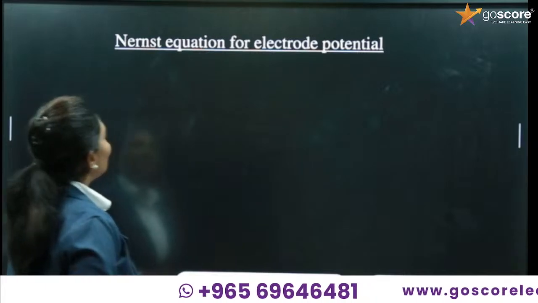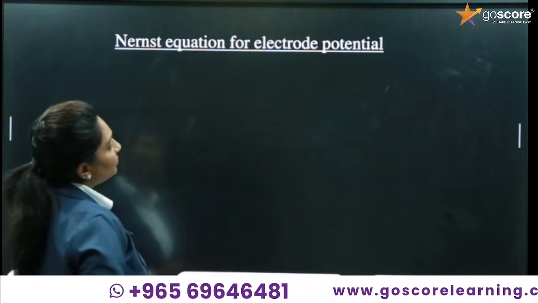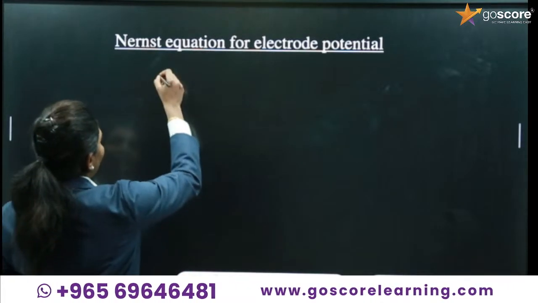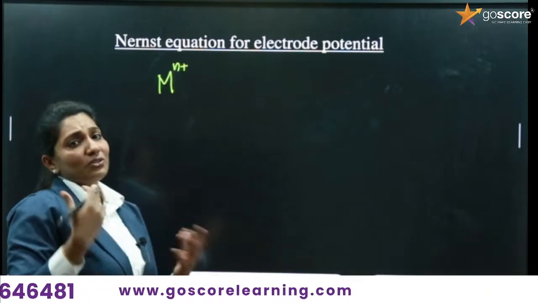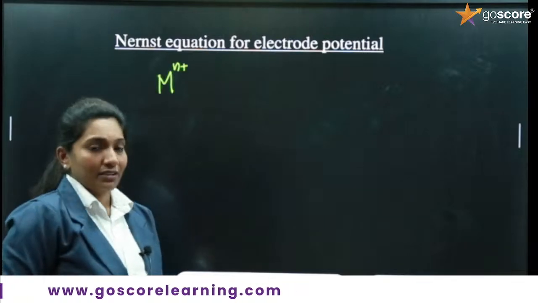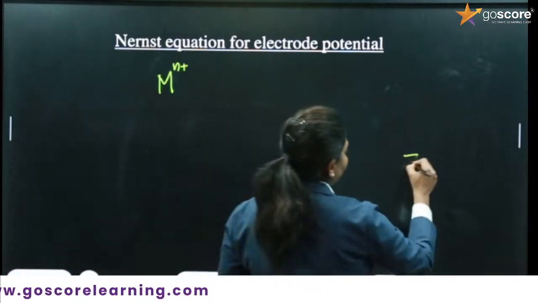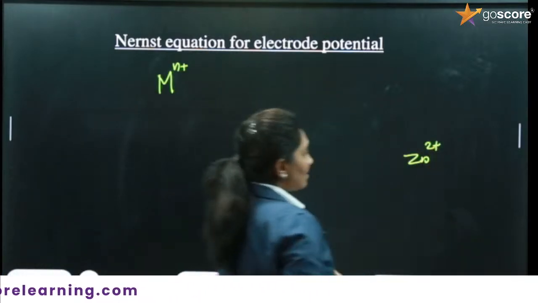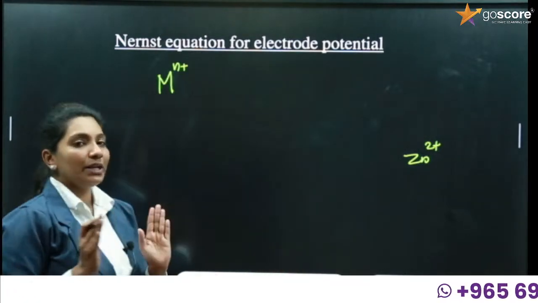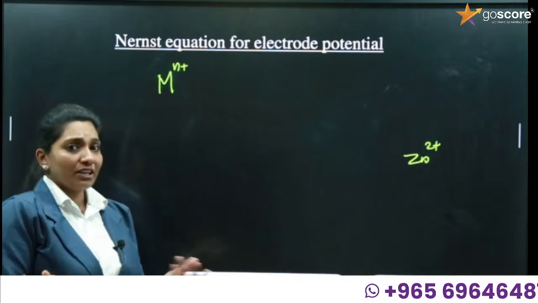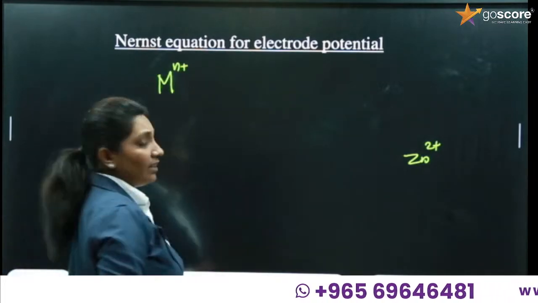Okay. So, the Nernst equation for a metal electrode. We can consider the metal M going to Mn+. N+ means it is losing n electrons. In the same way, when we write Zn2+, that means zinc is losing 2 electrons and converting to zinc ions. Same way we are taking the metal M, and if it is losing n electrons, that is represented by Mn+.